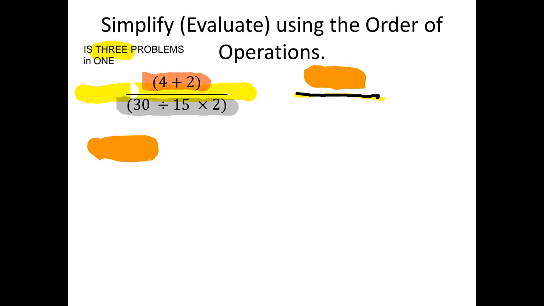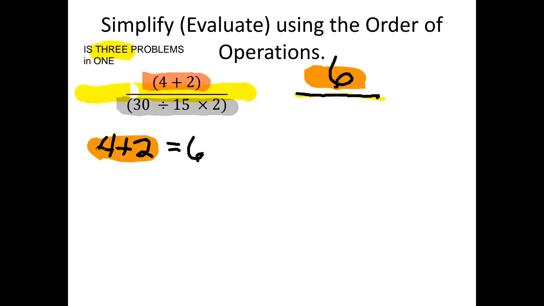Well, this is 4 plus 2, which is 6. 6 is going up here. Now, we have to do what comes next. Well, what comes next is our second part of the 3-part process. We have to do what's here.